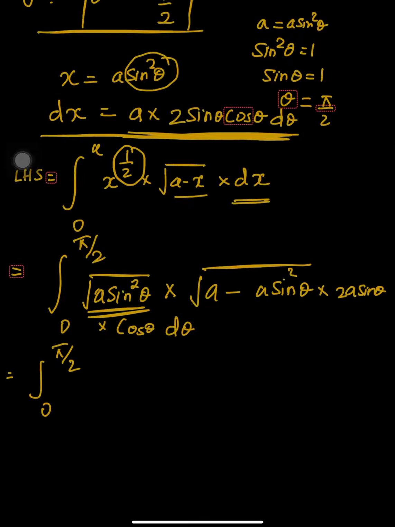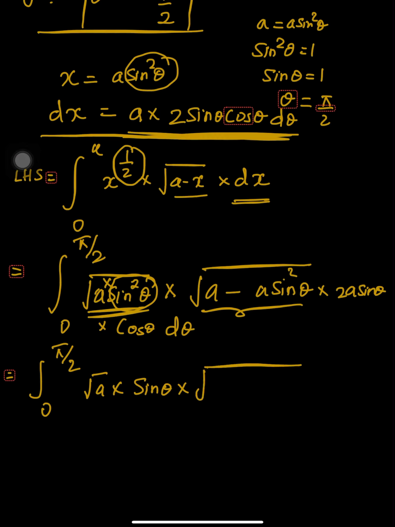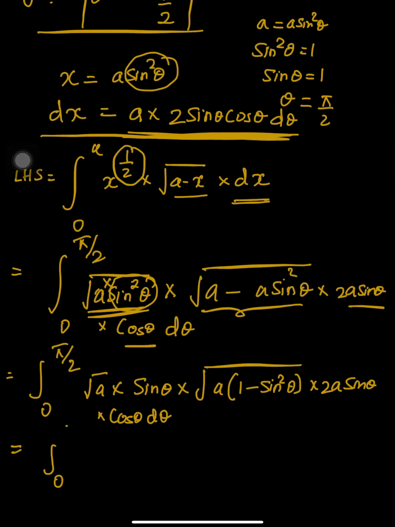You can break this down into 2. It's like multiplication. So root a times root of sine square theta is sine theta, times, inside this you can take a as common, so you will get 1 minus sine square theta, times 2a sine theta cos theta d theta, 0 to pi by 2.